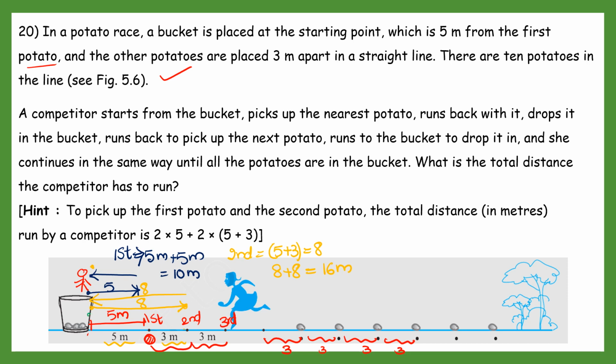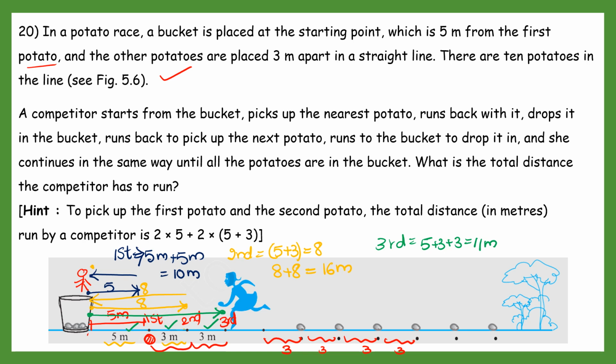Now let's see the third potato. Again the competitor will start from the bucket and reach the third potato. The third potato is at which distance? First potato is 5 meters, then again 3 meters, then again 3 meters. That means 5 plus 3 plus 3. 5 plus 3 is 8, then 9, 10, 11. 11 meters distance.